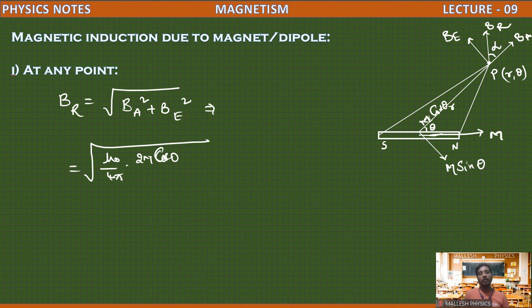Now we are not taking the complete magnetic moment, only one component of it, that is M cos theta. Plus BE, the magnetic field due to the M sin theta component, that is mu naught by 4 pi, M sin theta by r cube. The whole is squared.